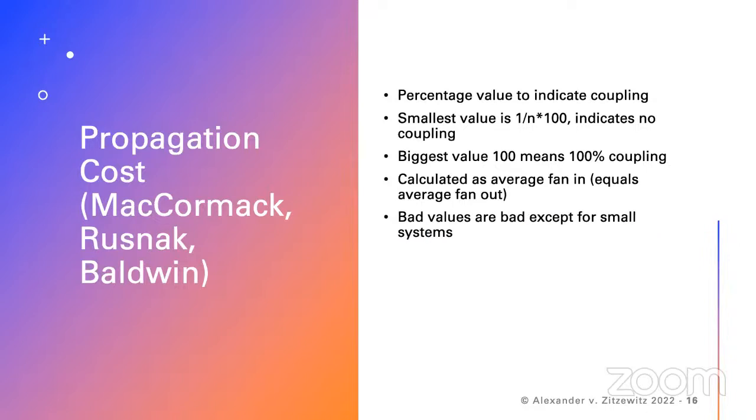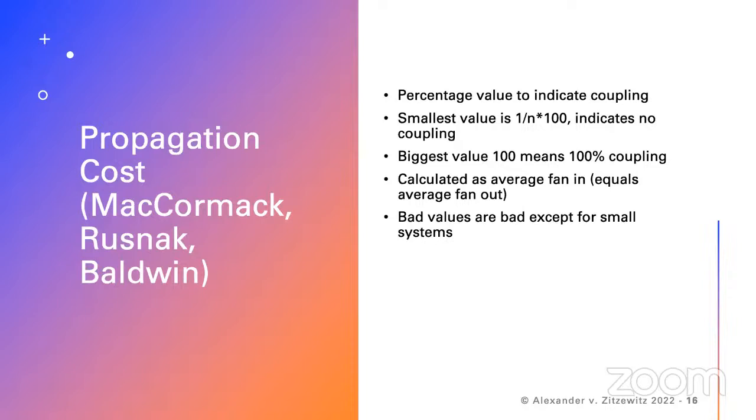The problem with propagation cost is that it has a little bit of its own life. Basically, it becomes harder and harder to keep high coupling the bigger your system gets. So for example, if you start with 1,000 compilation units and you really have 100% propagation cost, that means everything depends on everything.